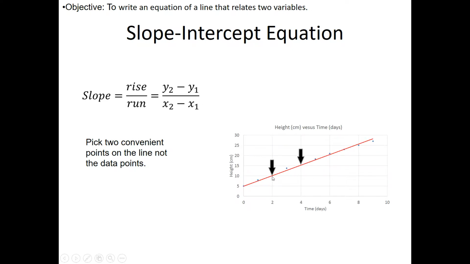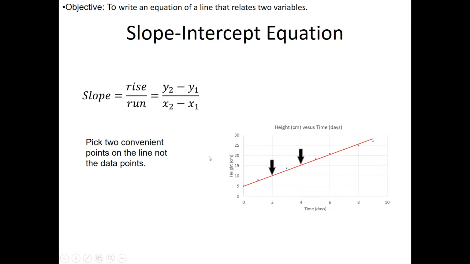So this point right here goes right through our vertical and our horizontal gray lines, and so does this one. This one over here would not be as good to pick because it does go through the vertical line here, but it goes somewhere above the 25 here, so we really don't know that number so much. So we want to pick something that's a little bit easier to identify.